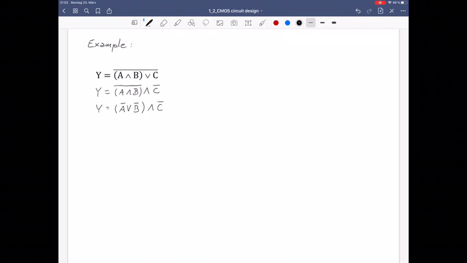So this is the final equation. And as we will see, this is the equation for the PMOS part of the circuit.